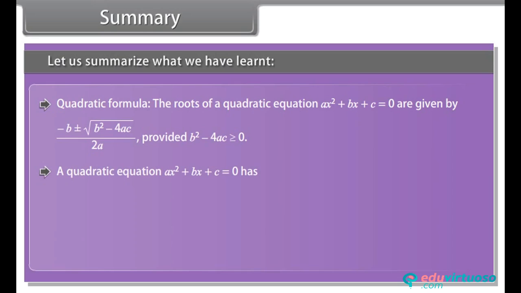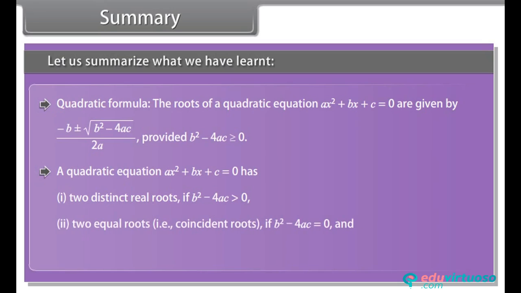A quadratic equation ax² + bx + c = 0 has 1. Two distinct real roots if b² - 4ac is greater than 0. 2. Two equal roots, that is, coincident roots, if b² - 4ac is equal to 0, and 3. No real roots if b² - 4ac is less than 0.